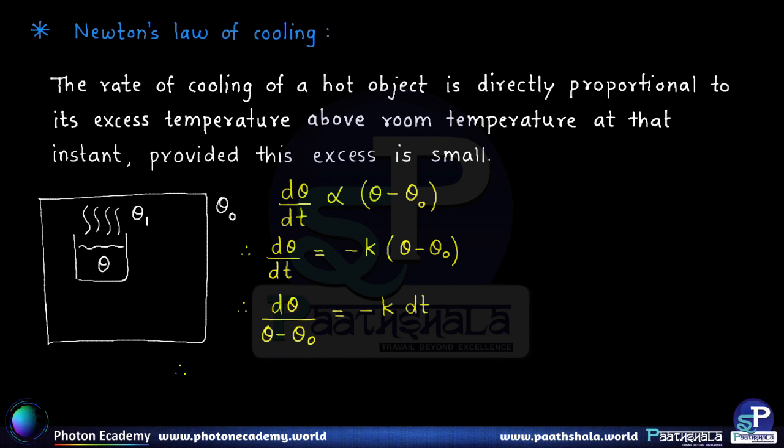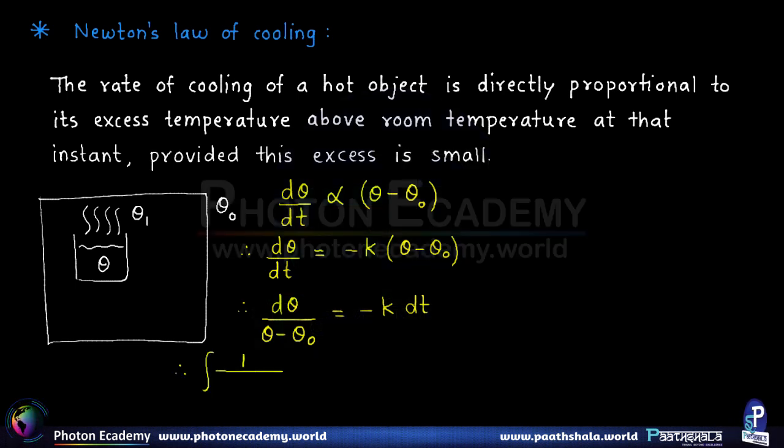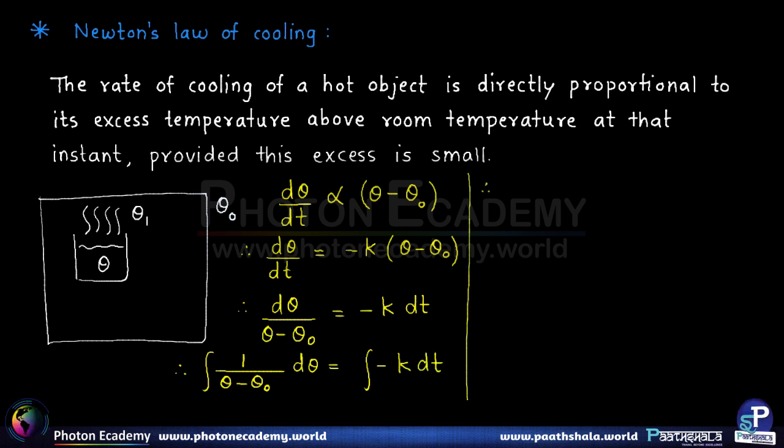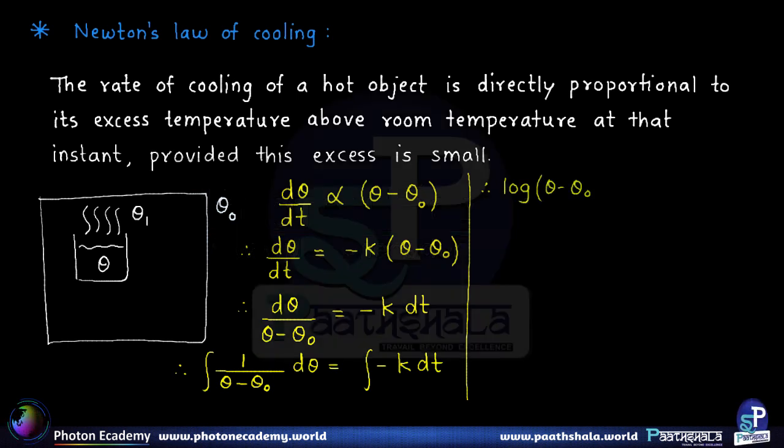On integrating both sides we get the integral of 1 upon theta minus theta 0 d theta is equal to the integral of minus k dt. So on integration we get log of theta minus theta 0 equals minus kt plus c.